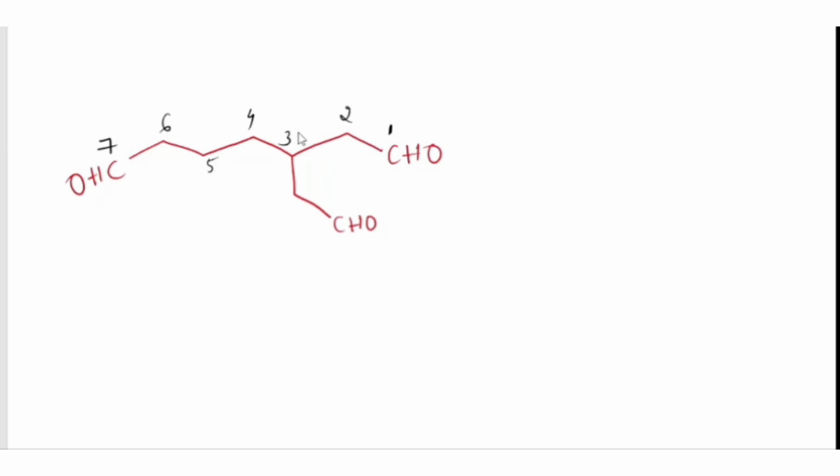Okay, in this case, we have to name this substituent first. What is the locant of this? It is 3, and afterwards we have to separate by hyphen. And what is this particular group called? This is the formyl group. We know that CHO is called formyl. We have to use parenthesis over here, and here with caps we have to use formyl. This is formyl. And what is this group called?